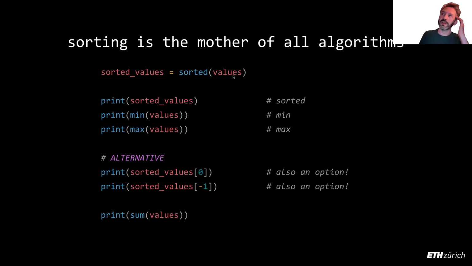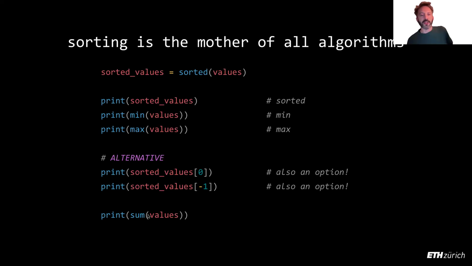So you can have values, and you can say print min of values and print max of values, and that will print the minimum and maximum. And you can also sort it, as we saw before. But alternatively, if you don't have a min and max implementation, you can always sort the values and then get the first and the last, and those will be the min and the max.